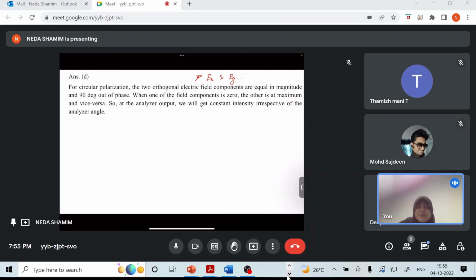If I put one of my components as 0, say Ex becomes 0, then the other will be maximum, and this will happen vice versa. So the analyzer output will always give the same intensity, there will be no variation no matter what the angle between the analyzer and my polarized light is. So any of the above is the correct answer.